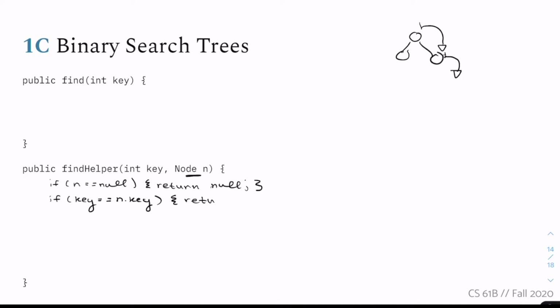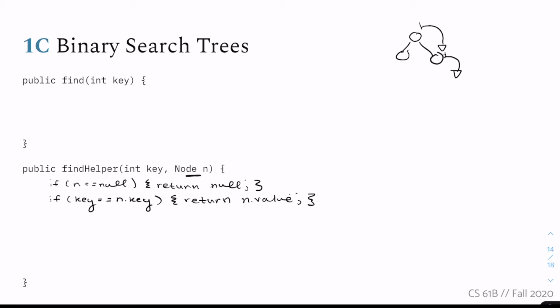Return n dot value. Oof, I really messed that up. Okay, give us a second. There, so that is our two base cases. Either we decide that the node that contains that key is not in our structure at all, or we find the key somewhere and we just return the value.